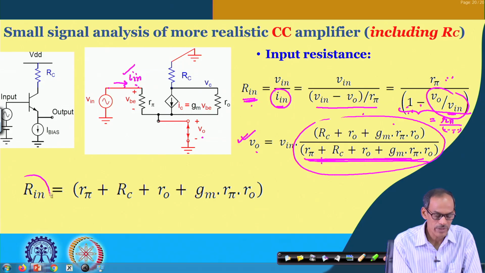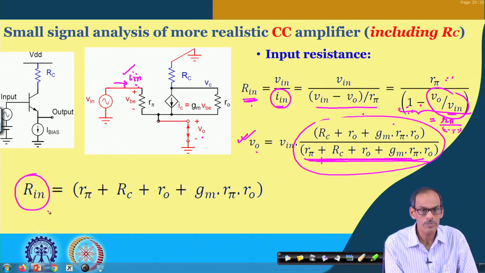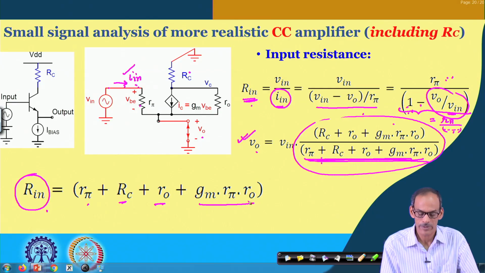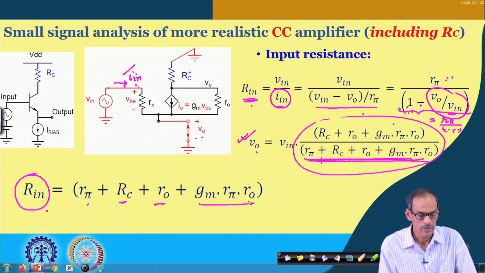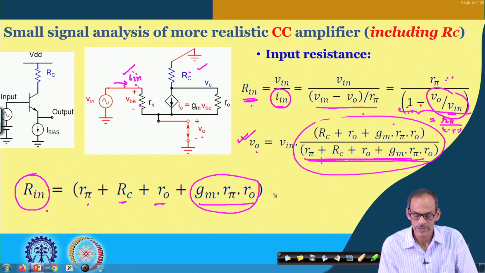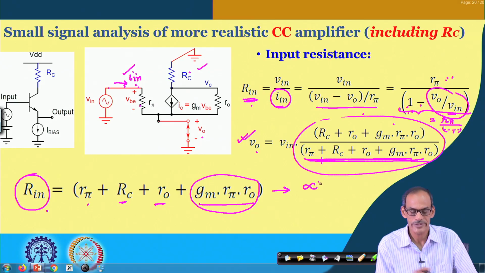So, here we are just summarizing that input resistance is R pi in series with R C, in series with R naught, and then the active device contribution. Again, because we do have this term coming in series, even though we do have this R C, this is also going to be very high. So, we can consider this is very high.